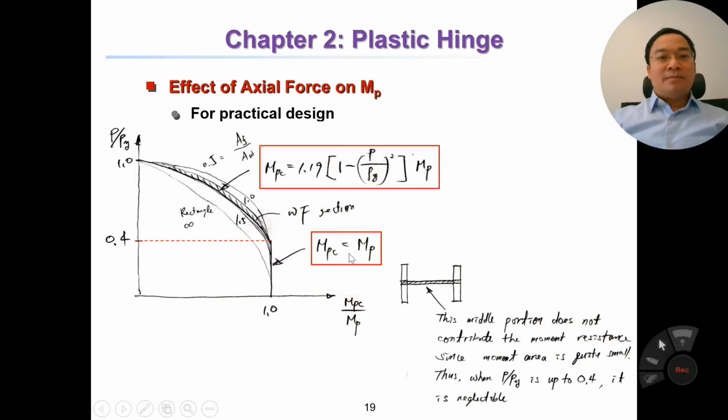So remember this approximate equation. Different curves correspond to different ratios between AF over AW. AF means the section of the flange, and AW means the section of the web. If the ratio equals 0, meaning rectangular, then we have the lowest curve. But for convenience of design, we use the approximate equation.